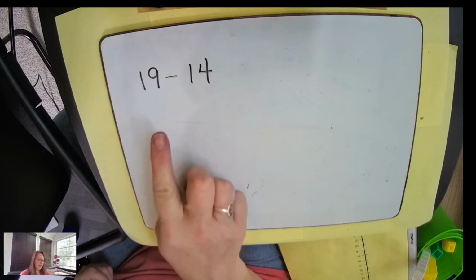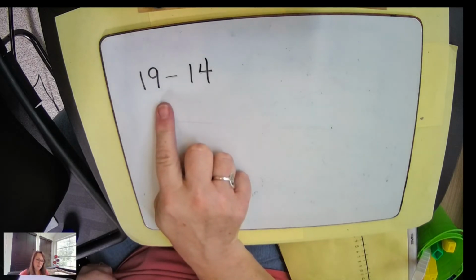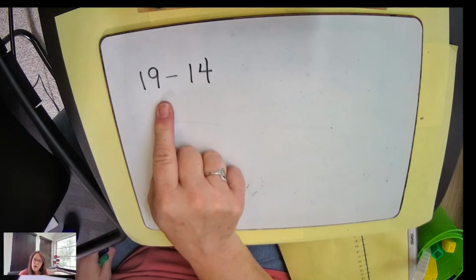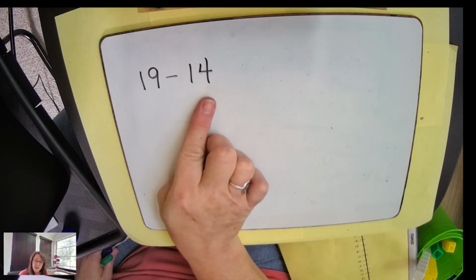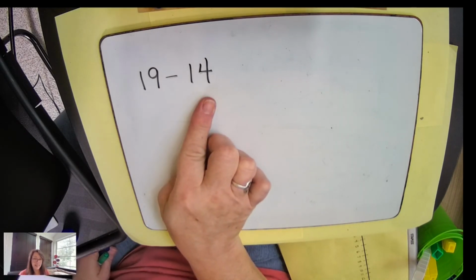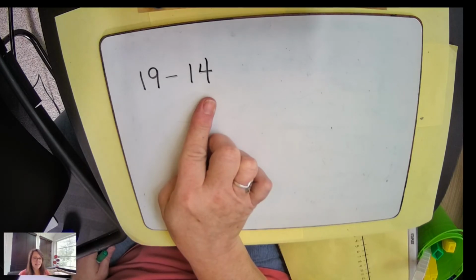Now, when you're thinking about this problem, is there a way to adjust each of these numbers quickly and easily to make it a friendlier problem?